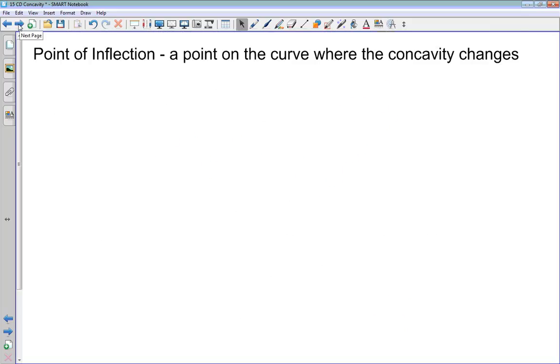So a point of inflection is a point on the curve where the concavity changes. So we could have a function which is concave up and then switches at a point to being concave down. Let's label this. This is concave up. Over here it is concave down. So this point right here where it changes is called a point of inflection.